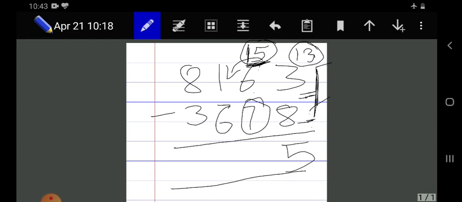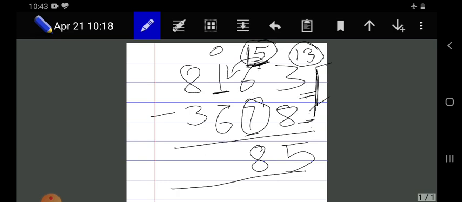So it has become 15, and the 1 remains as 0, as it has already given its number to the next number. Now 15 minus 7 is equal to 8.